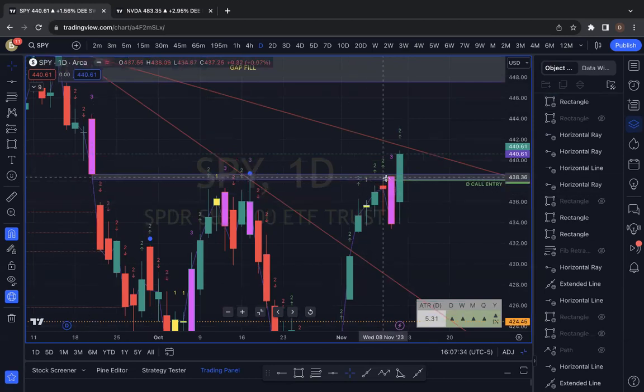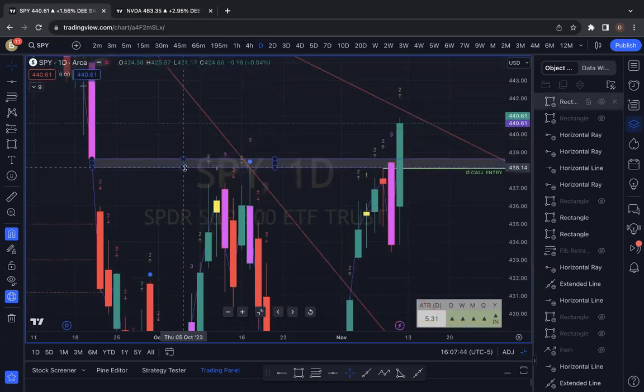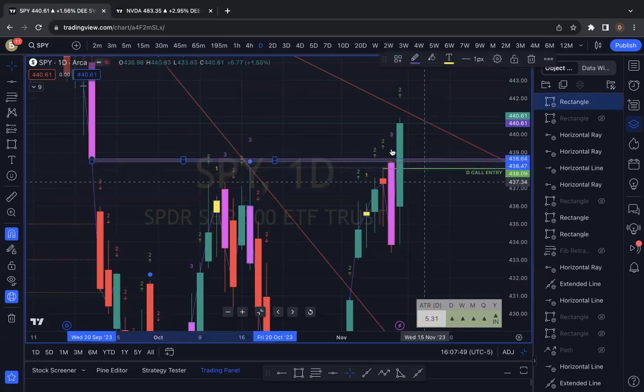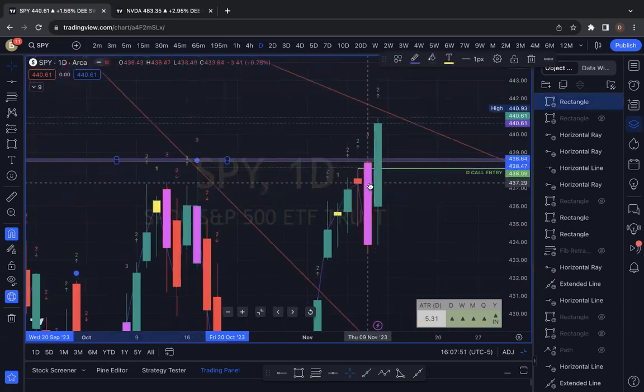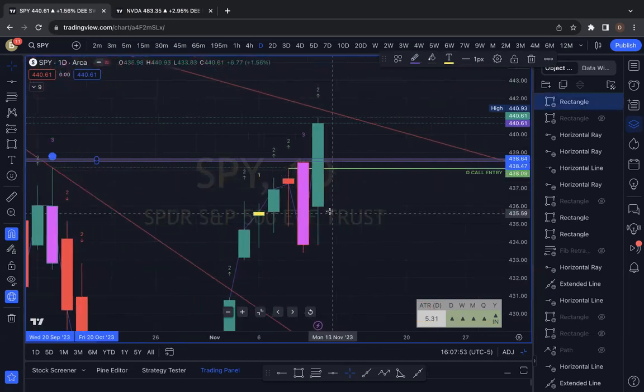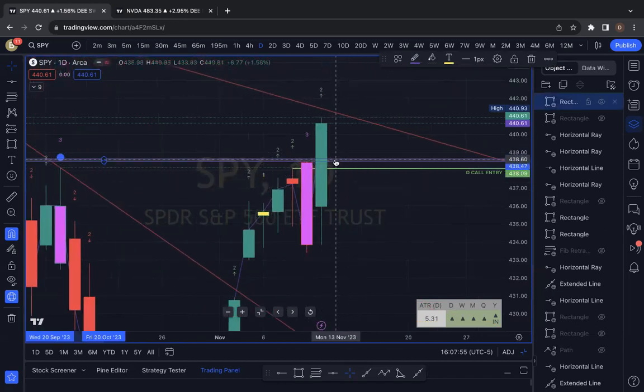Used it as resistance, used it as resistance again, and then finally blew through it, completing the entire gap. So it chipped away at it for 1 day, 2 days, just made the gap smaller before taking off, blowing through it, and completely filling that gap.